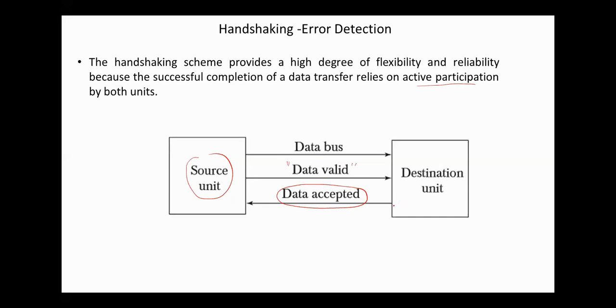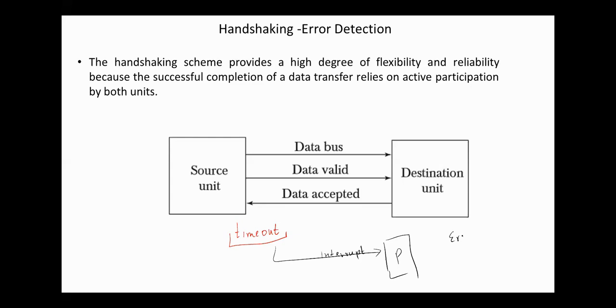If after a certain amount of time, called timeout, it does not receive the data accepted signal, then the source unit can guess that the destination unit did not receive the data. In this case, the timeout signal can be used to interrupt the processor that causes an error recovery routine.